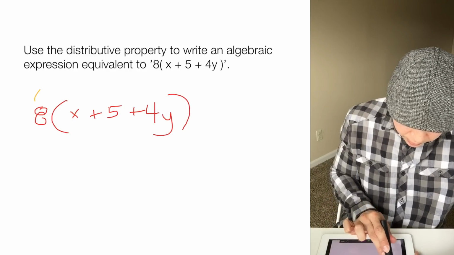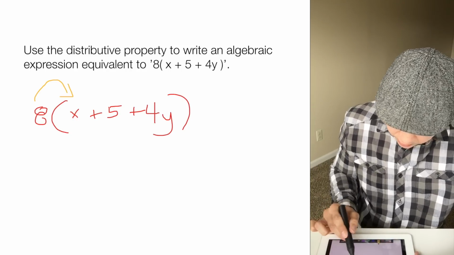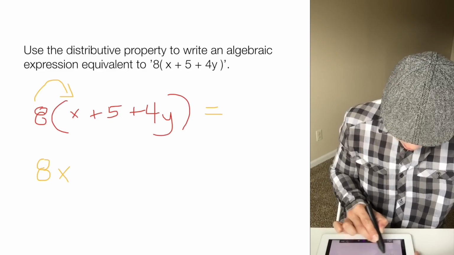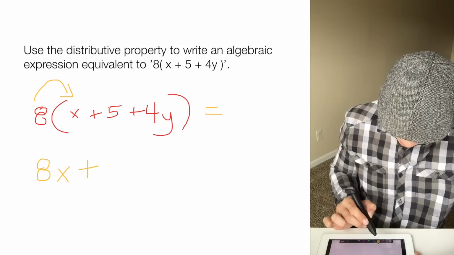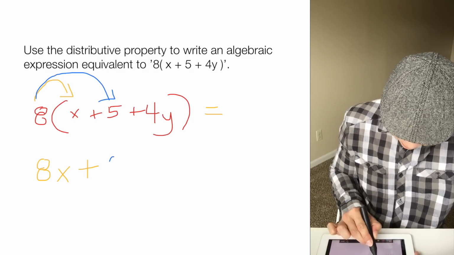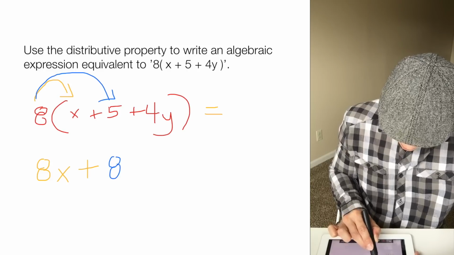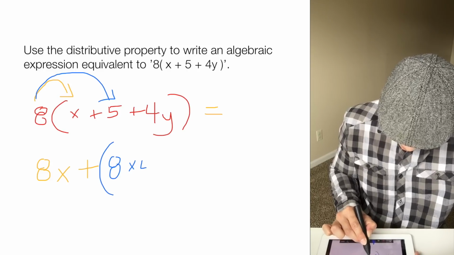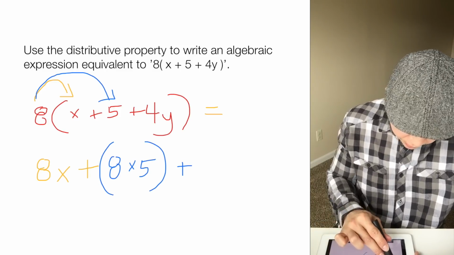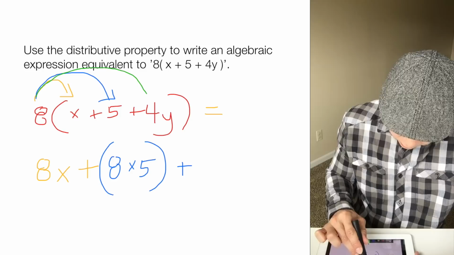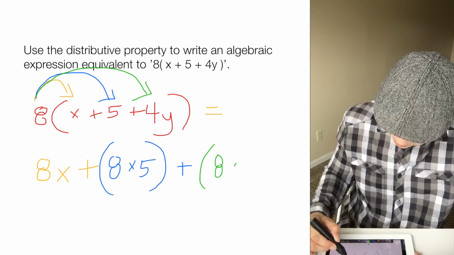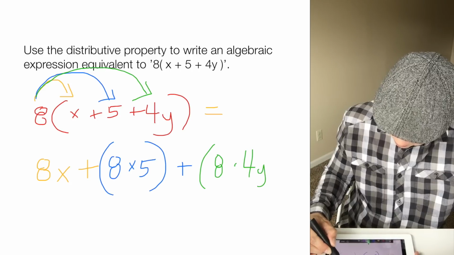So when we distribute 8 to x, we have 8x, plus distribute 8 to 5, we have 8 times 5, plus, and then we distribute 8 to 4y, we have 8 times 4y.